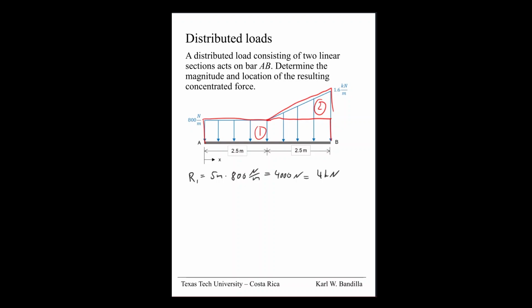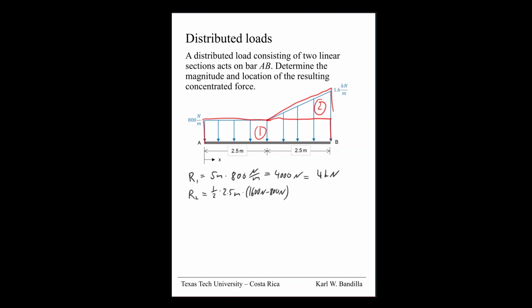And then for the triangle, R2, the area of a triangle is just 1/2 times the length, which is 2.5 meters, times the height. Now we're going from 800 to 1600 newtons, so that would be a height of another 800, or maybe we'll just write it like this: 1600 newtons minus 800 newtons, to make it very clear.